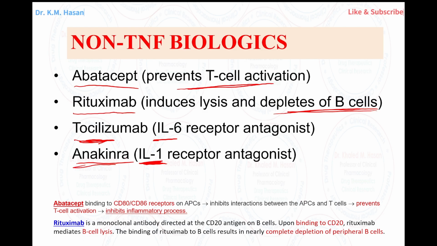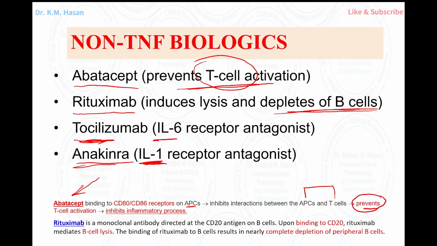Abatacept, more information. Abatacept works on T cells here, and we have the information about abatacept binding to CD80 and CD86, preventing the interaction on the receptor of antigen presenting cells, inhibiting interaction between the T cells and APC cells, and this will lead to prevention of T cell activation. So the main action of abatacept is to prevent T cell activation.